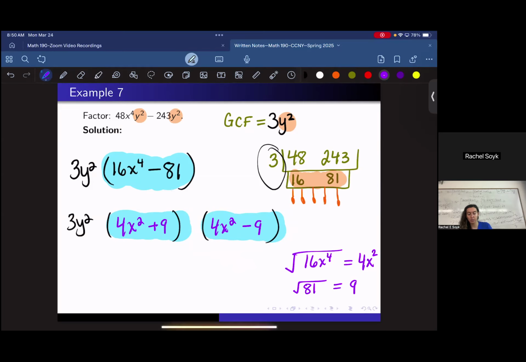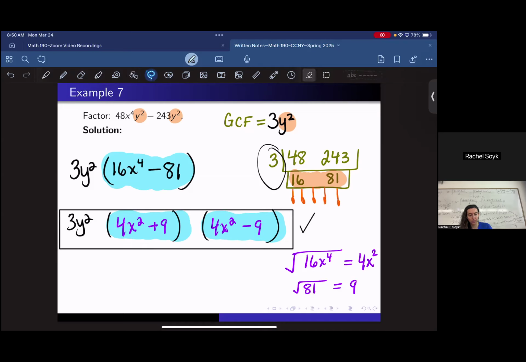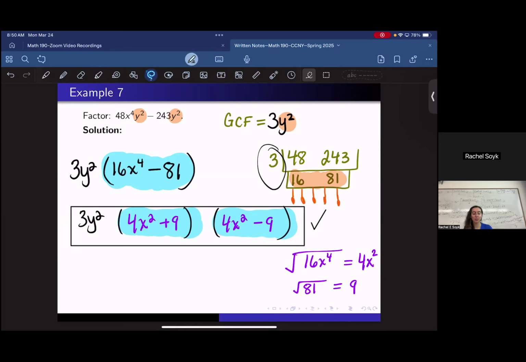Those middle terms are canceling out. And so now we have this whole expression. But are we done? Remember that notes might be situations where you can use difference of squares twice.